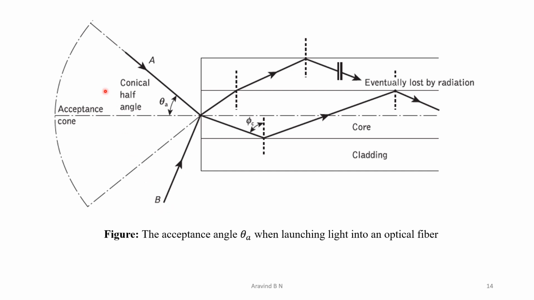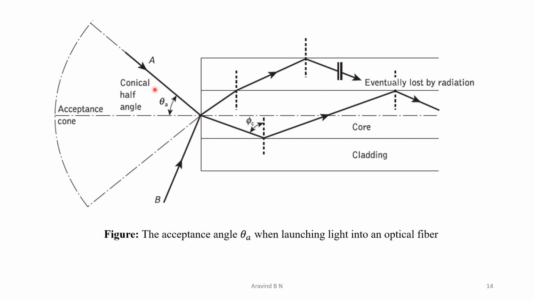Now here we are going to consider that the light source has generated the light according to the signal, and then that light has to enter the optical core, and between the light source and the optical core there is an air medium present. This is our consideration.